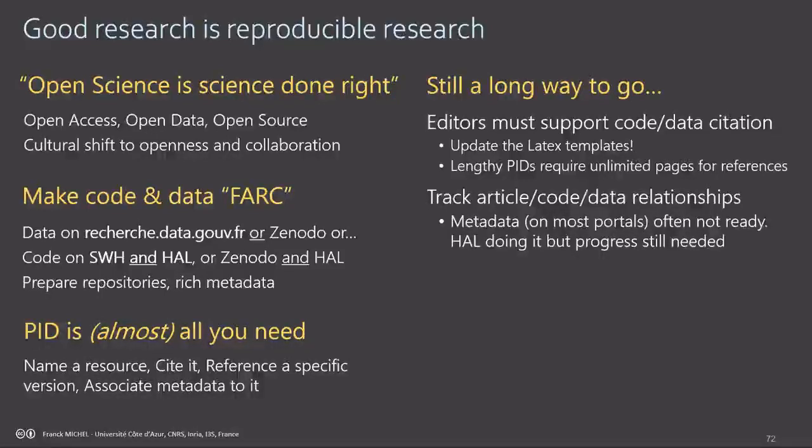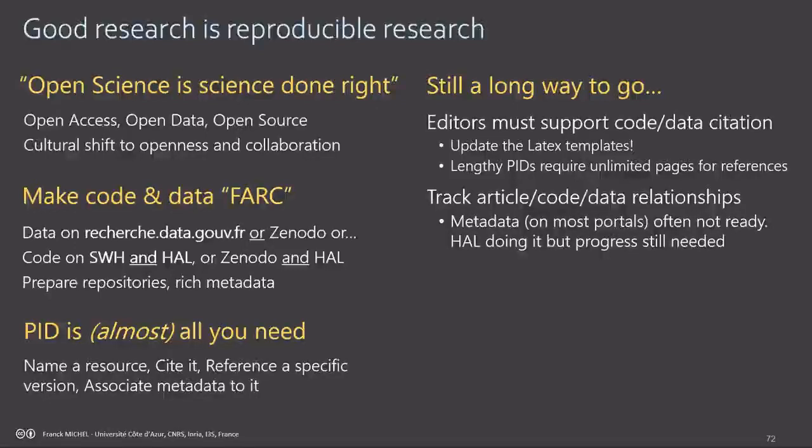We need a way to track the relationship between an article and the code and the data. And this is not there yet. There are some portals that now provide some metadata to do that, but this is not so satisfying. I mentioned HAL. You can do that, but it's not really sufficient. For instance, you can say an article references a software. Yeah, but for what?